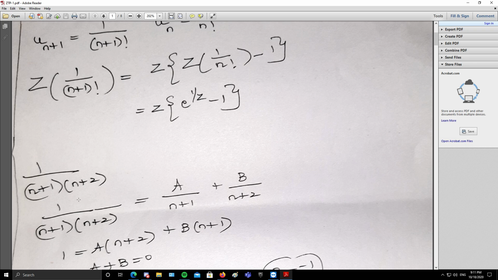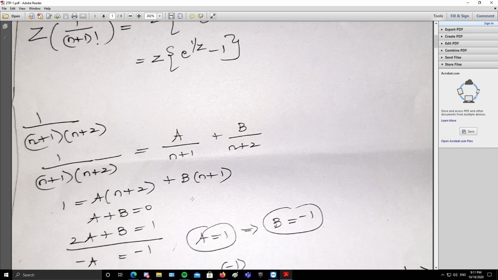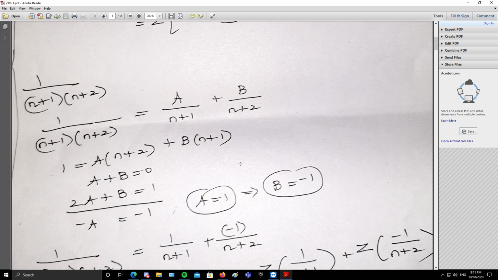Now we have a problem on finding the transform of 1 by (n plus 1)(n plus 2). Whenever you have this type, you should resolve into partial fractions. So 1 by (n plus 1)(n plus 2) equals a by (n plus 1) plus b by (n plus 2). Either you can give values to n or you can compare the coefficients.